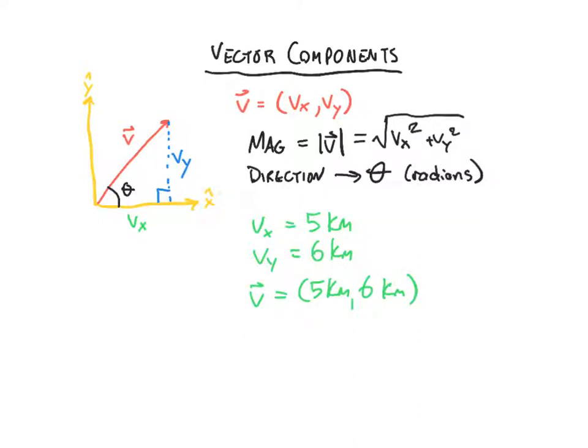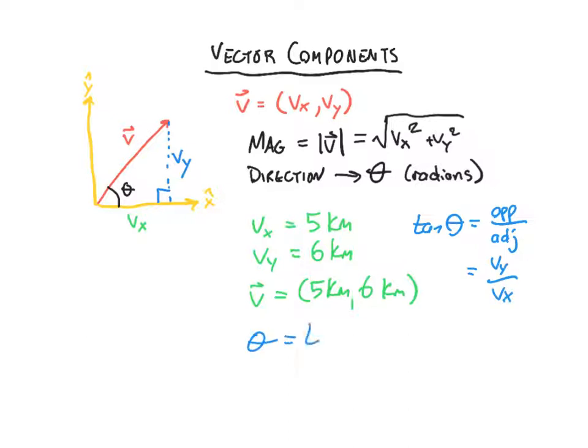and then for the direction, we need to know what theta is. And theta you can actually get, you may remember the formula that the tangent of theta is going to be the opposite over the adjacent, which in this case is going to be vy over vx.